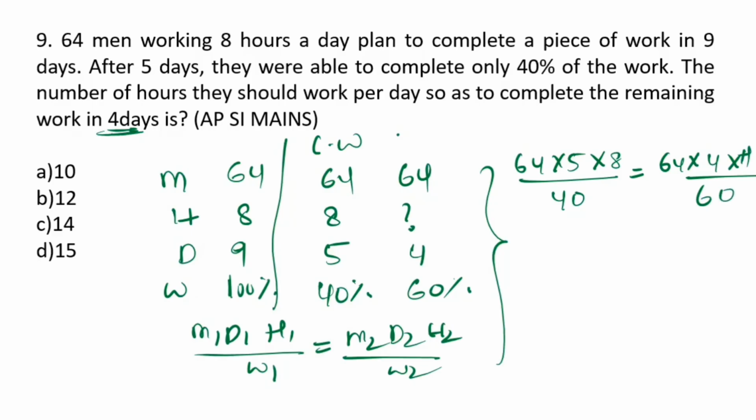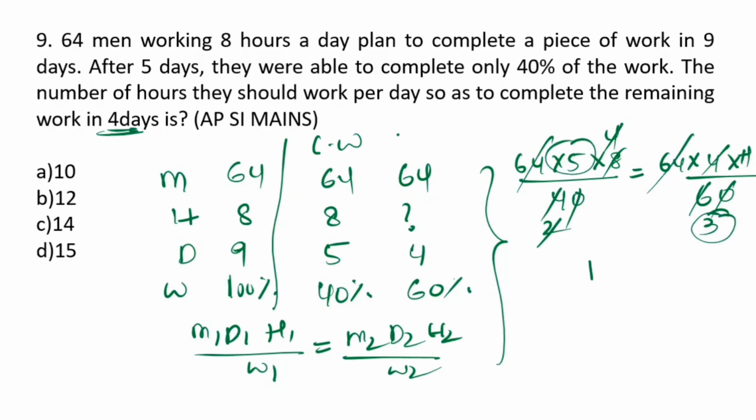Okay, this 0 cancels, 64 cancels, 2 into 3 and 2 into 2, 2 into 1, 2 into 4, this 4 and 4 cancel. So only 5 here is left and 3 here is left.